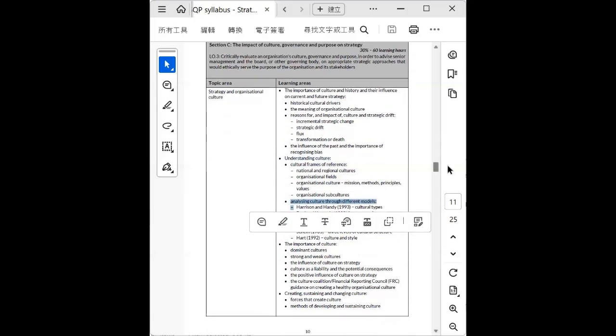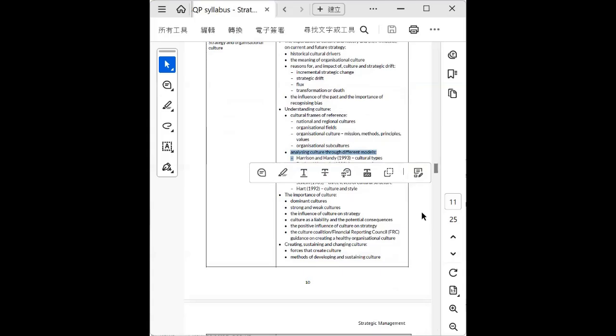And sometimes you may need to analyze the culture and the various models of the culture.